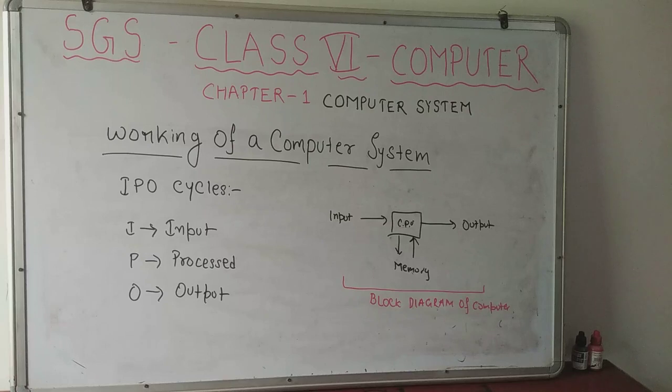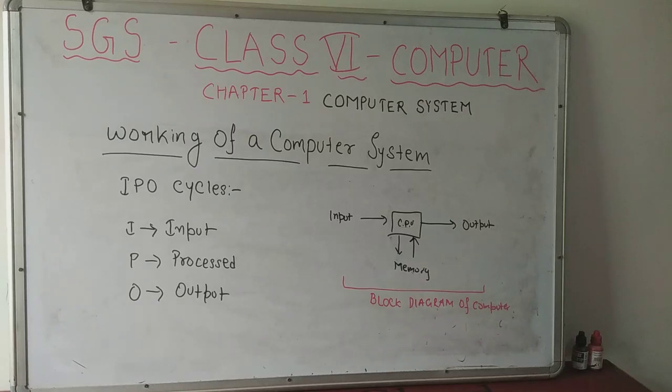How does a computer system work? Basically, computer has a cycle through which it performs its daily functions, and that cycle is called IPO cycle. I means input, P means process, O means output. A computer is a programmable electronic device that works according to the instructions given by the user.